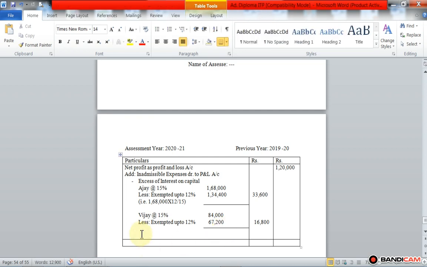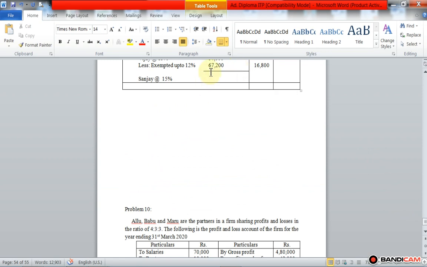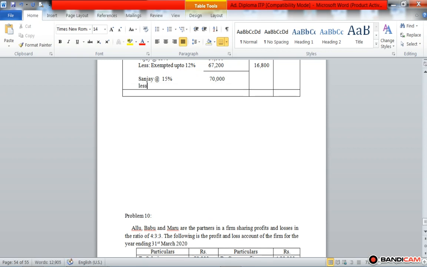Here Sanjay at the rate of 15%, the total interest paid to Sanjay is 70,000. Less exempted up to 12%.